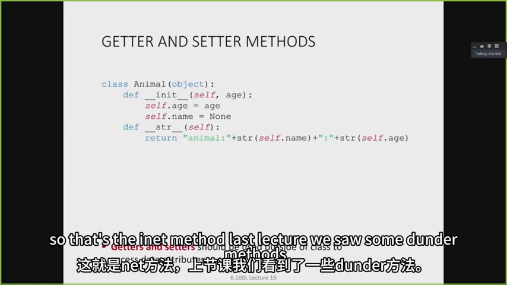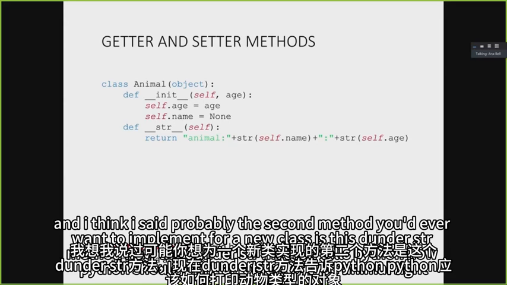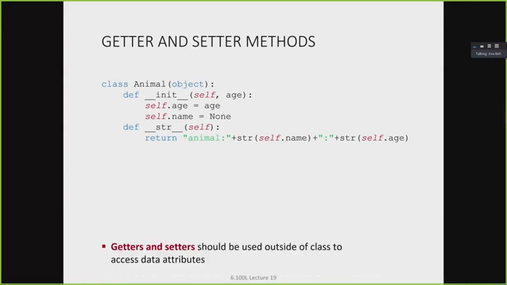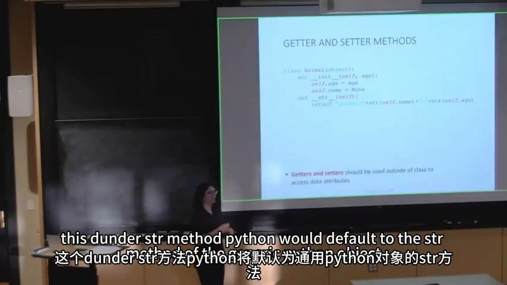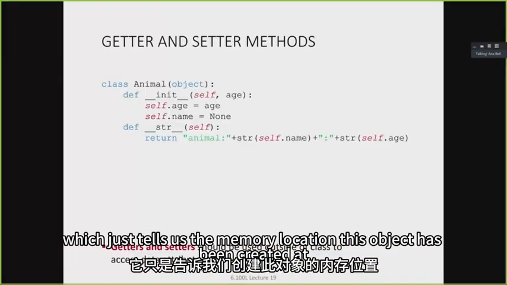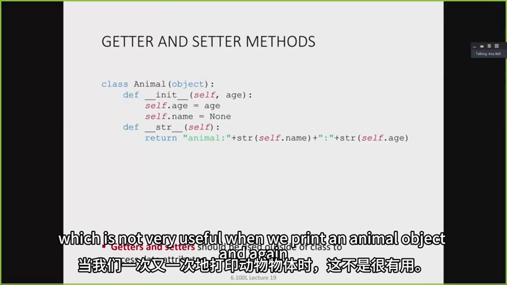Last lecture, we saw some dunder methods, and I think I said probably the second method you'd ever want to implement for a new class is this dunder str method. Now, the dunder str method tells Python how Python should print an object of type animal, right? Because initially, right off the bat, if we didn't implement this dunder str method, Python would default to the str method of the generic Python object, which just tells us the memory location this object has been created at, which is not very useful.